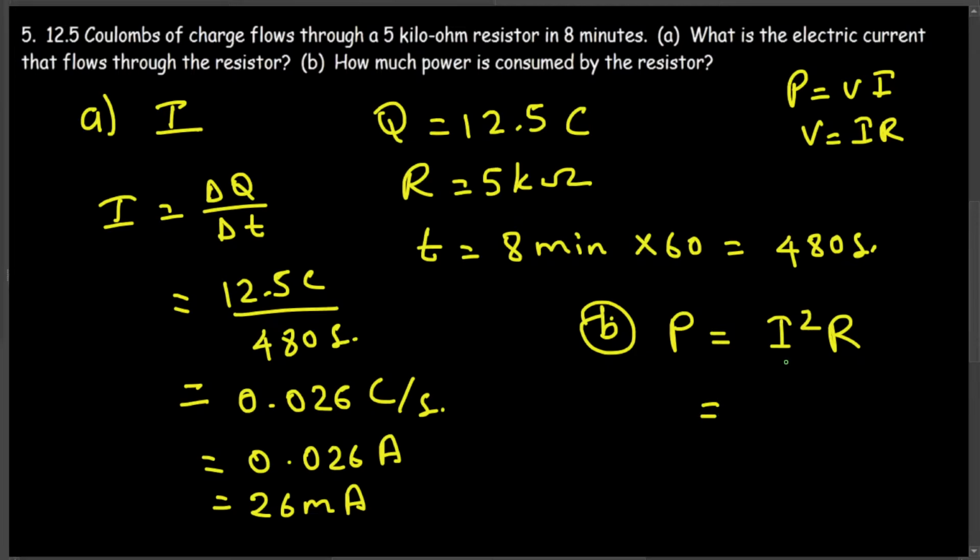So here, instead of I, I could plug in this 26 milliampere, but it's better to use the ampere. So I plug the ampere here, that's 0.026 squared. And then the resistor is 5 kilo ohm. We have to use ohm, so 5 times 10 to the power of 3, or you can put 5,000 for the same. 5,000.